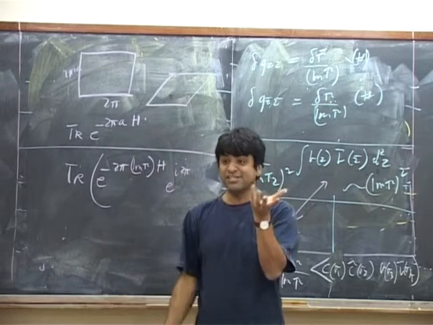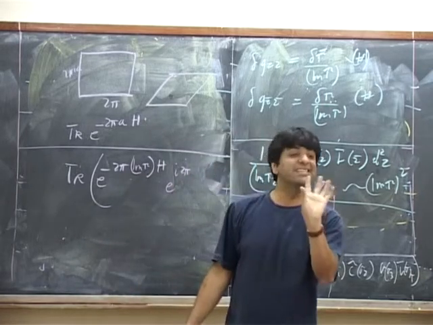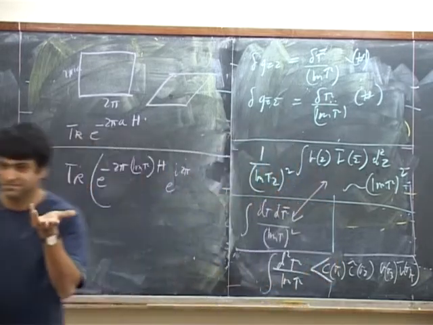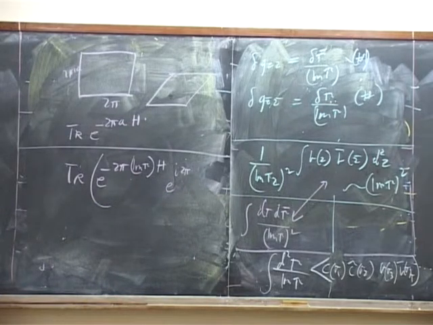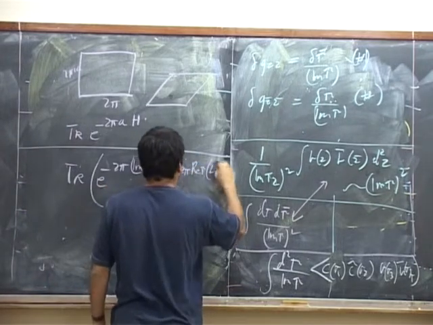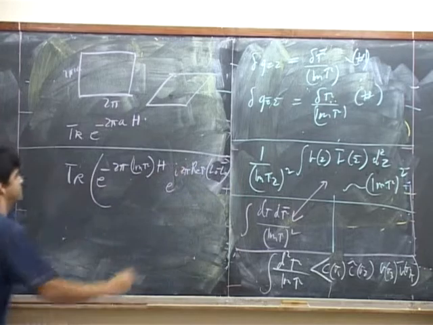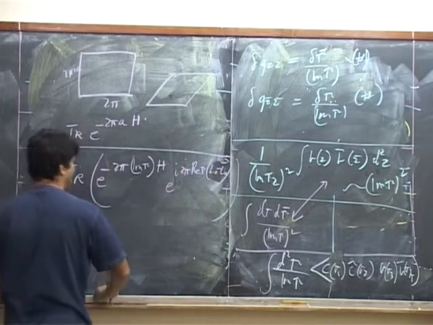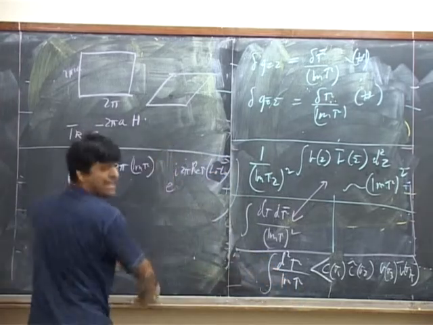Now remember, the translation generator was L0 minus L0 bar. This was the thing that generated rotation for the circle. And remember that H here was L0 plus L0 bar.